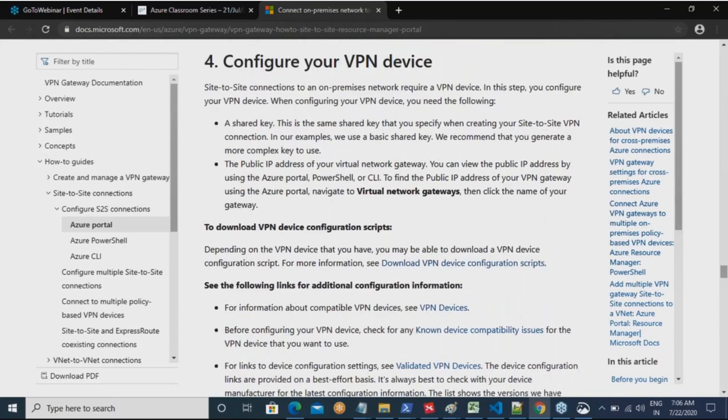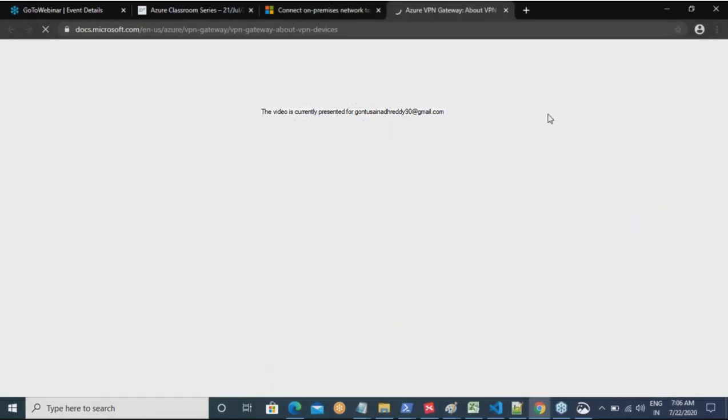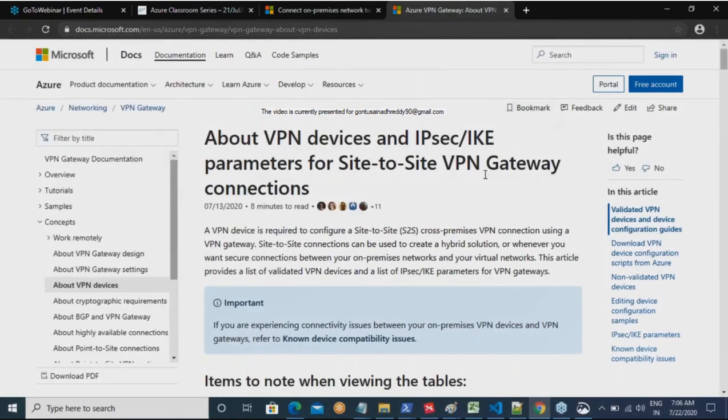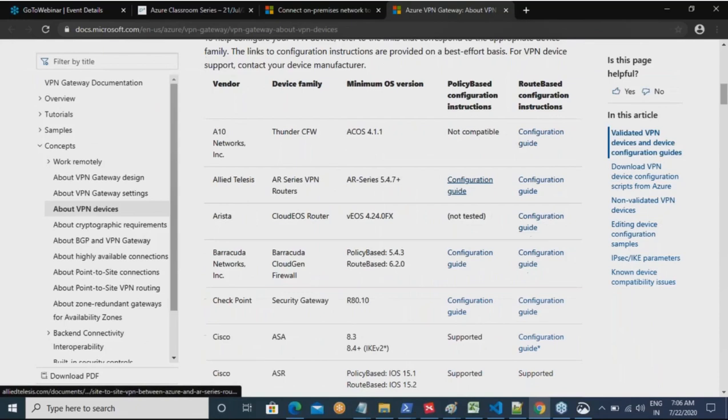Okay, right? And then, whenever you're dealing with VPN, are you seeing these VPN devices? So from Azure, what are the different VPN devices which I can connect to?